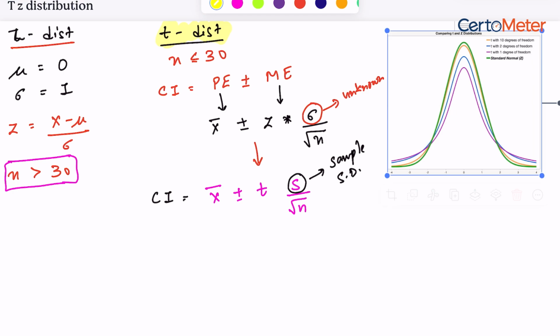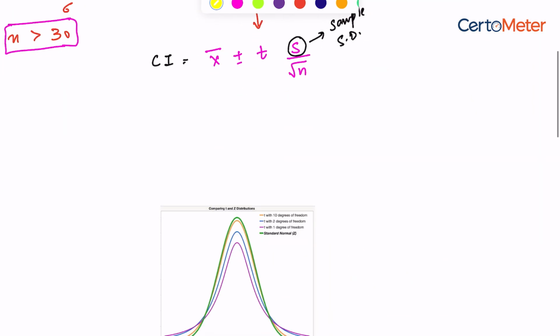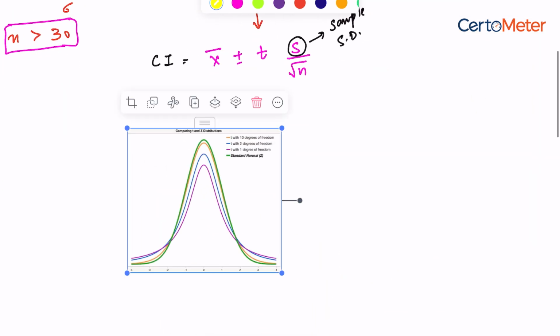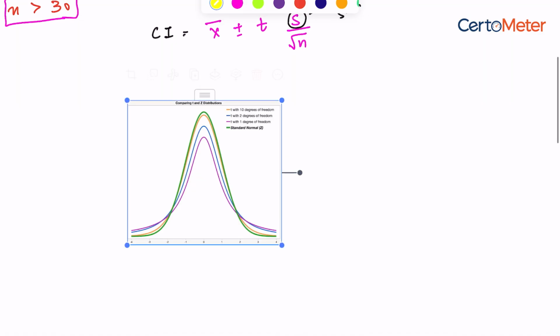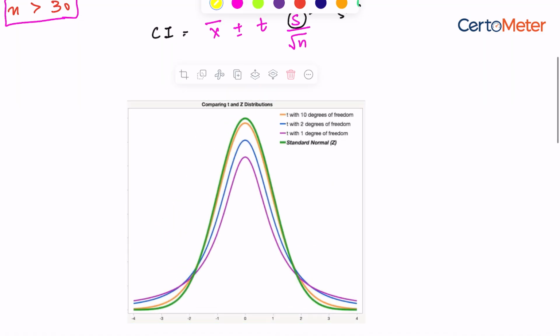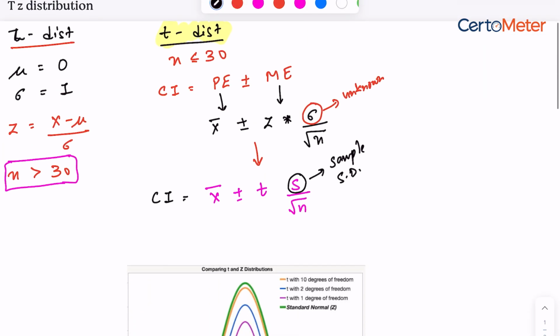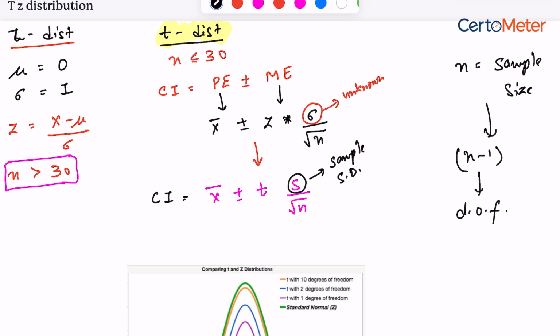Now one thing that we need to understand here is, let me bring this graph over here. The value of n is nothing but my sample size, right? And n minus 1 is called the degrees of freedom. This is the term given to n minus 1.